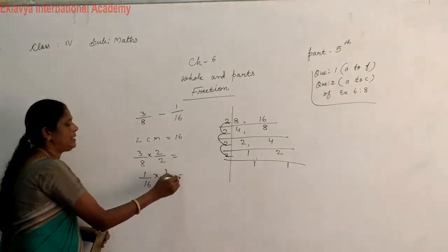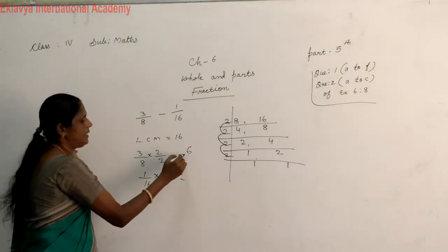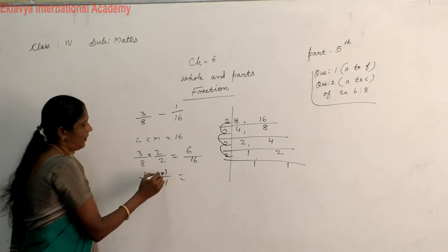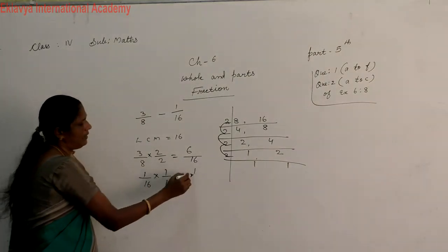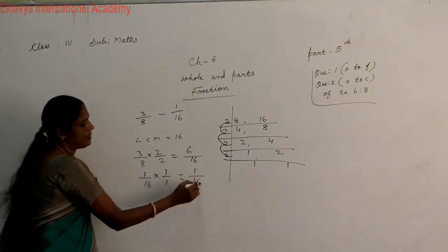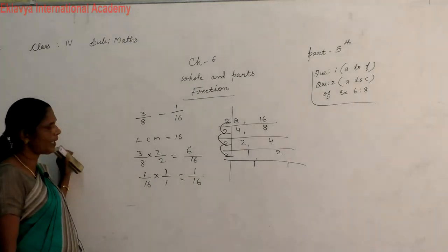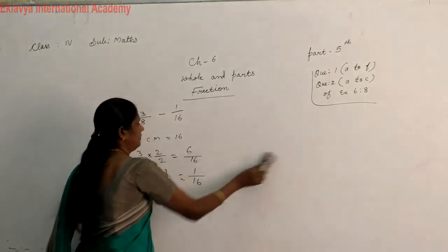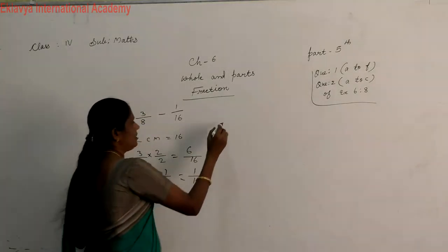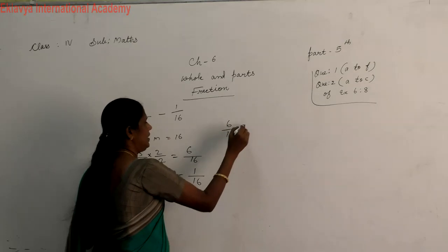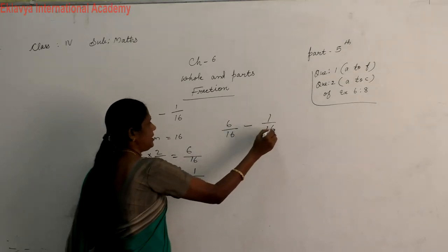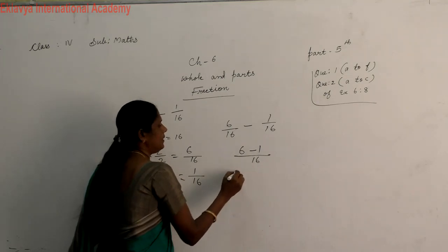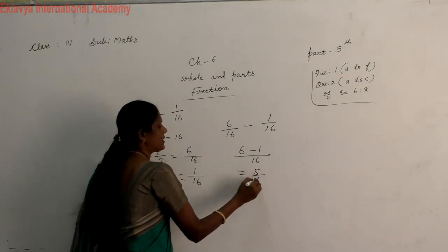Then multiply: 3 twos are 6, 8 twos are 16, here 1 one is 1, then 16 ones are 16. Now subtract: 6 by 16 minus 1 by 16, then 6 minus 1 upon 16 is equal to 5 by 16.